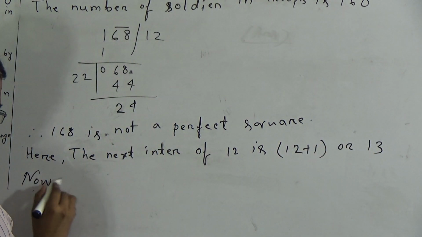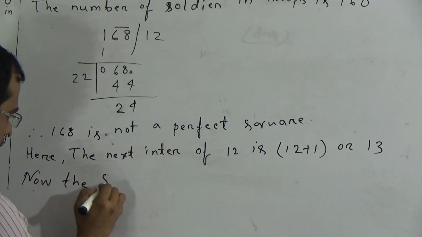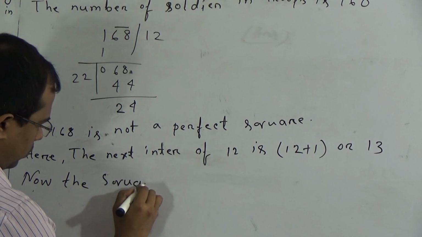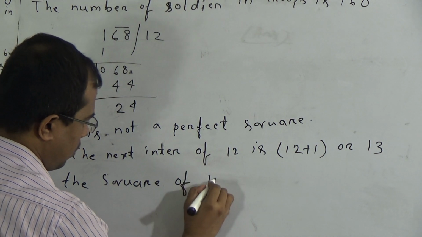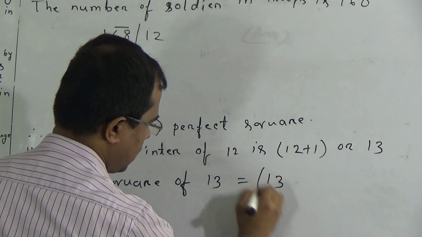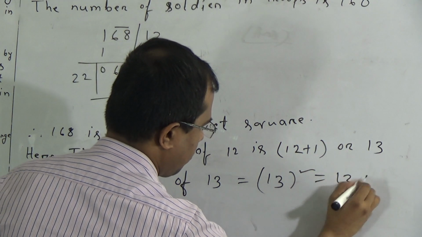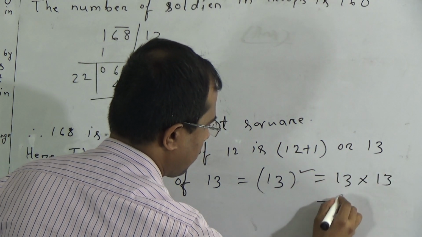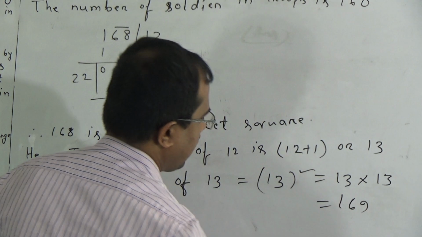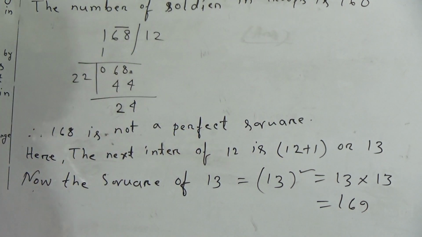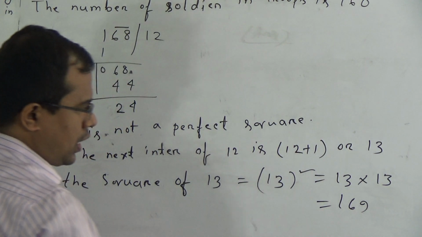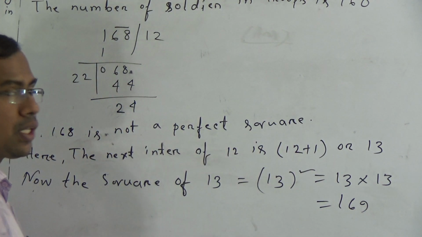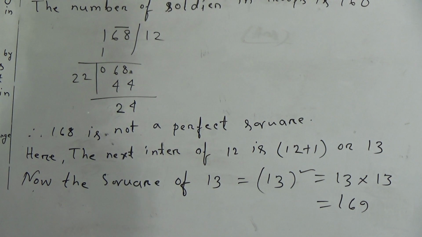Now the square of 13 is equal to 13 square, 13 multiplication 13. If we multiply 13 by 13, then it will be 169. 169 is a perfect square. That means if the number of soldiers in the troops is 169, then we can arrange the number in square form.